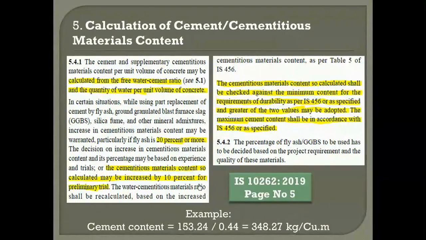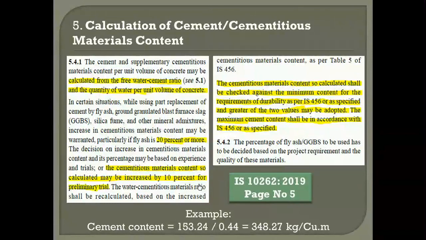So assuming that we are using admixture, the cement content is 153.24, the water content, divided by the water cement ratio 0.44. We get 348.27 kg per m cube. So this is the cement content for 1 meter cube of concrete.